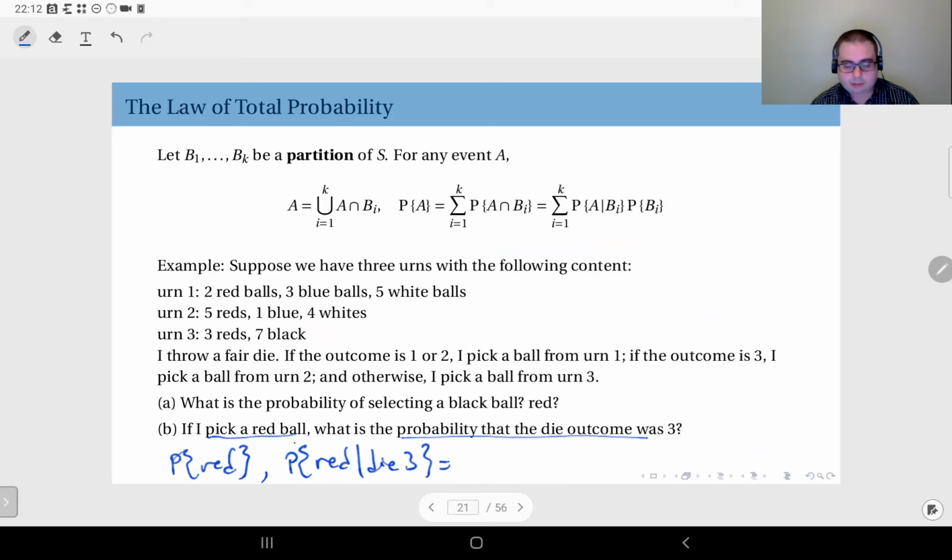This I can write because when the outcome is 3, I pick a ball from urn number 2, so this is 5 over 10. But the question asks, what is the probability that the die outcome was 3 given the ball outcome is red? It's the other way around. So how am I going to solve this?